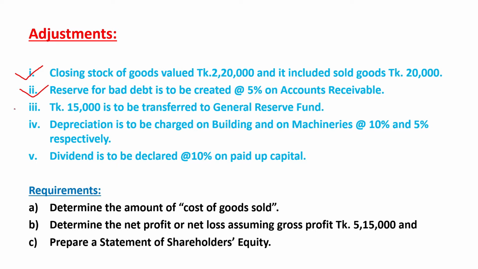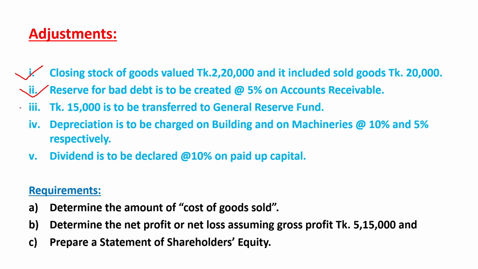These types of reserve for bad debt is called new reserve for bad debt. So it will be added to bad debt expenses in comprehensive income statement under operating expenses, and second time this amount will be deducted from accounts receivable in the statement of financial position.